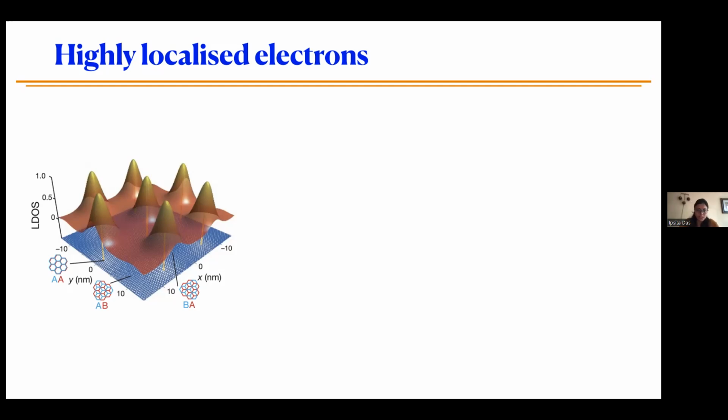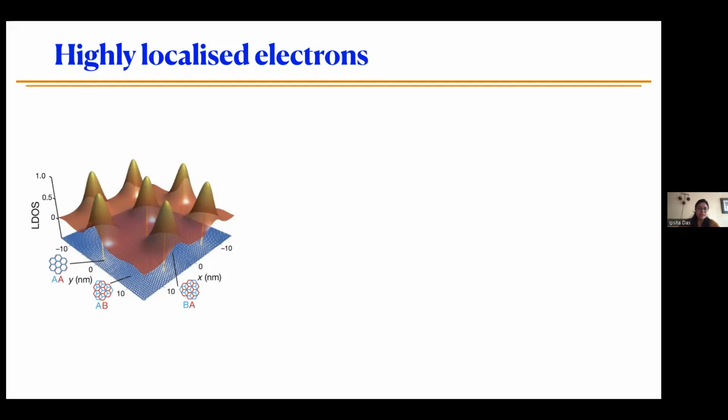twisted graphene sheets. So the black sheet is my twisted bilayer graphene twisted by 1.1 degree, and there will be certain regions in the real space where you will have one layer of graphene exactly superimposed on top of another layer, which is called AA region, but there will also be certain regions where you will have AB or BA type of arrangement.